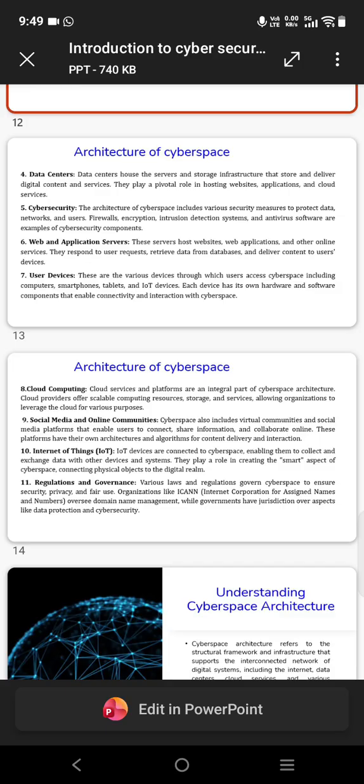Cybersecurity. The architecture of cyberspace includes various security measures to protect data, networks, and users. Firewalls, encryption, intrusion detection systems, and antivirus software are examples of cybersecurity components.